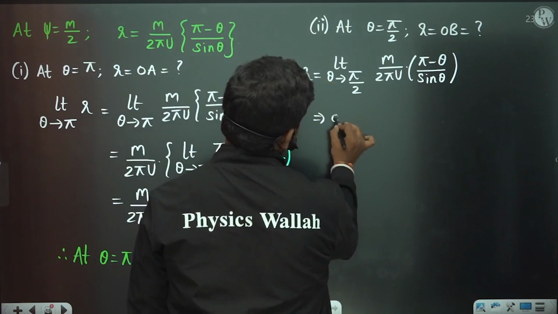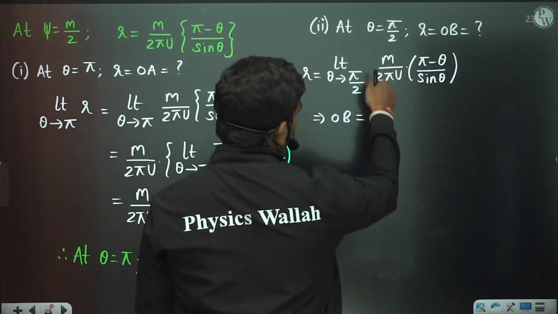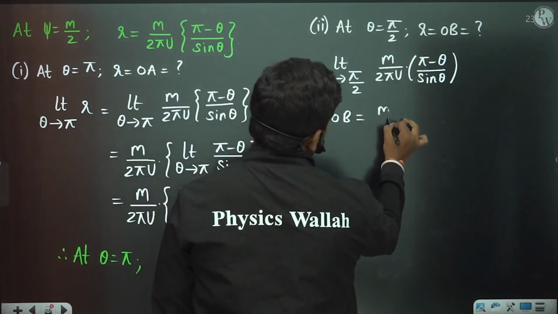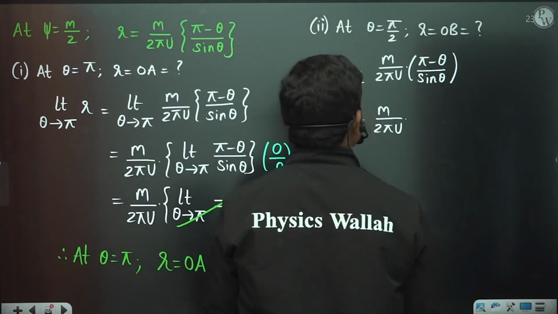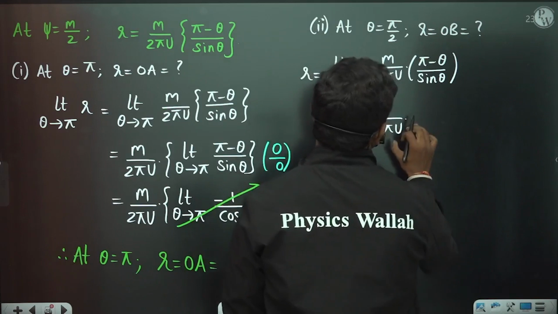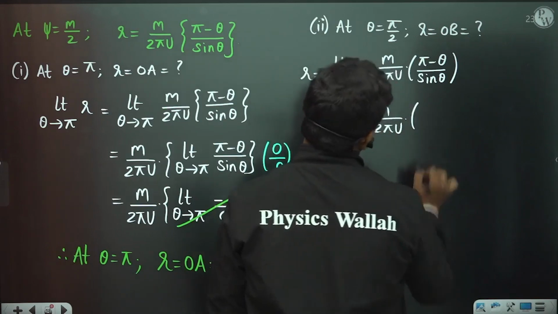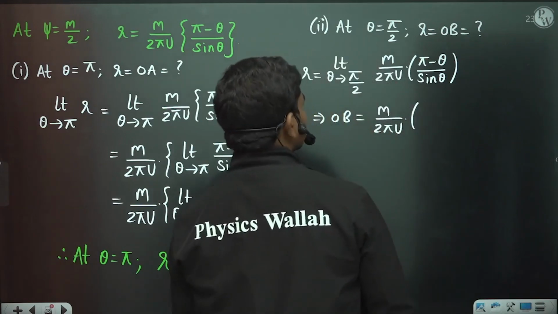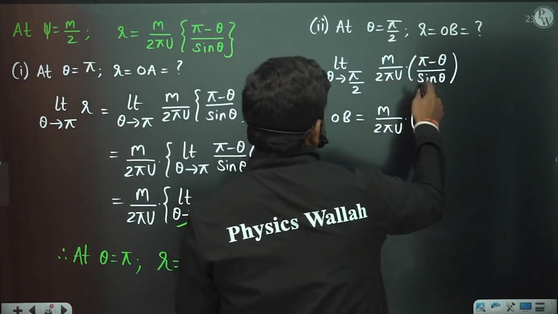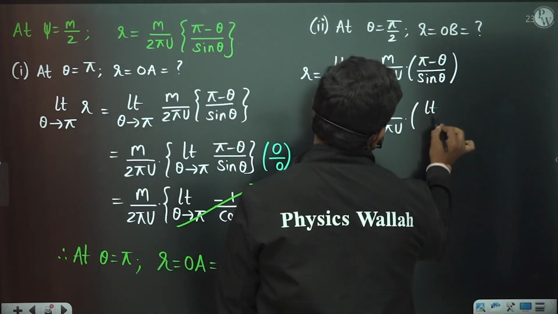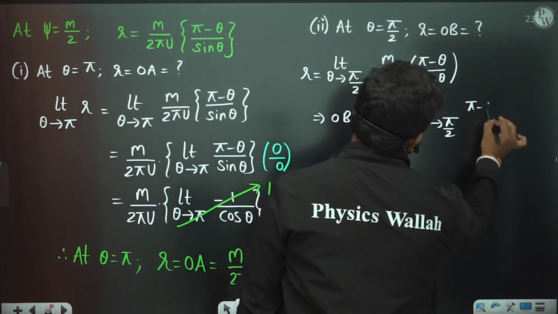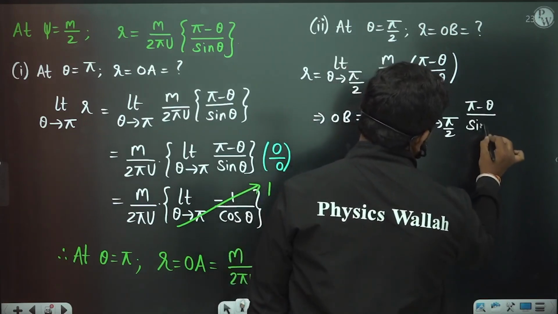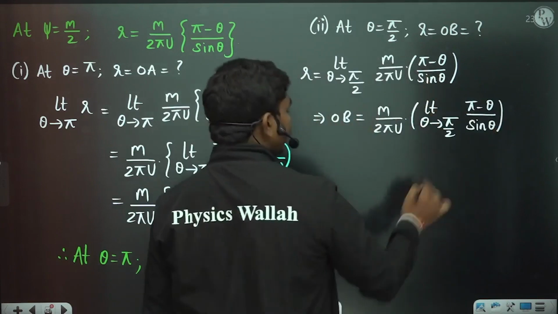So this implies OB is equal to m by 2 pi u, which is constant here, times the limit as theta tends to pi by 2 of (pi minus theta) by sin theta.